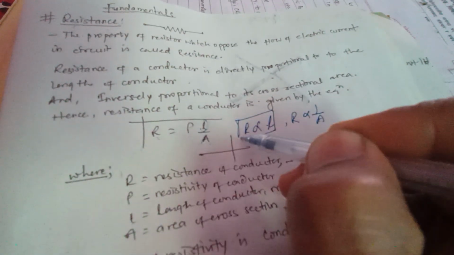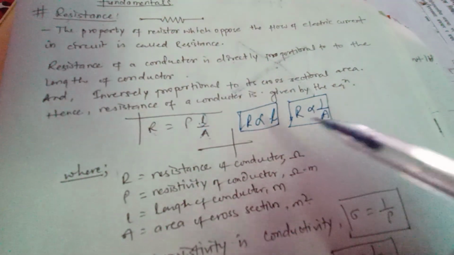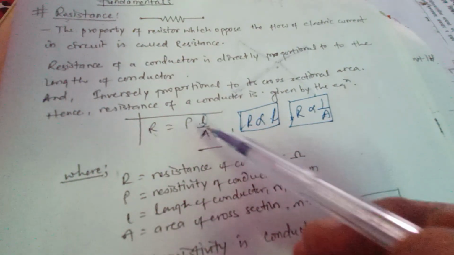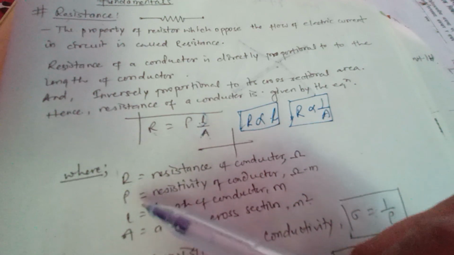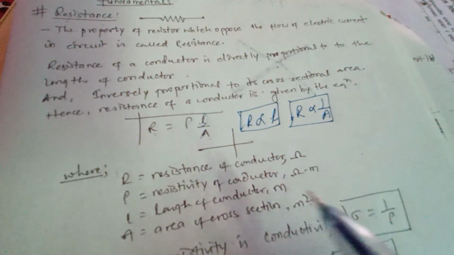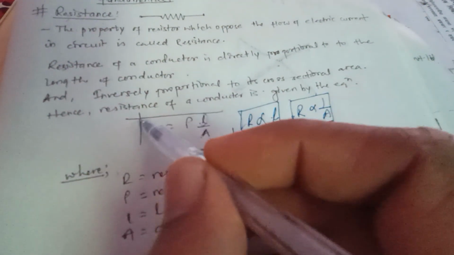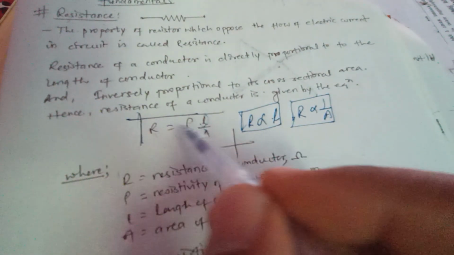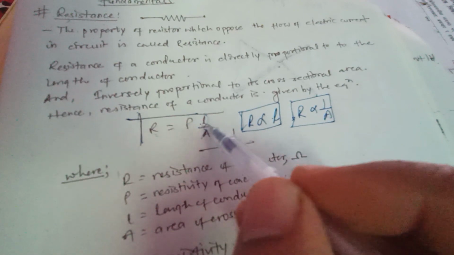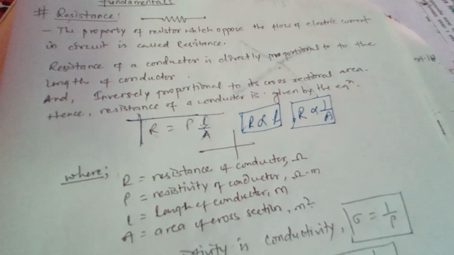Here rho is the resistivity of the conductor. So R equals rho L upon A, that is, length upon cross sectional area, which is the formula of resistance.